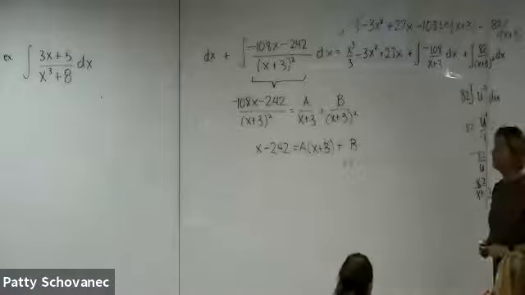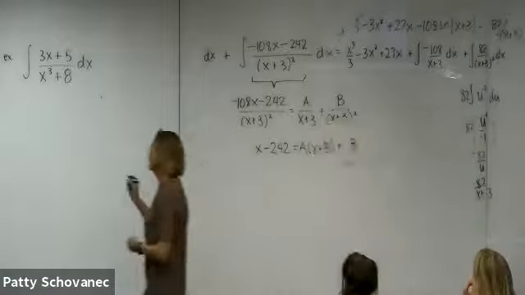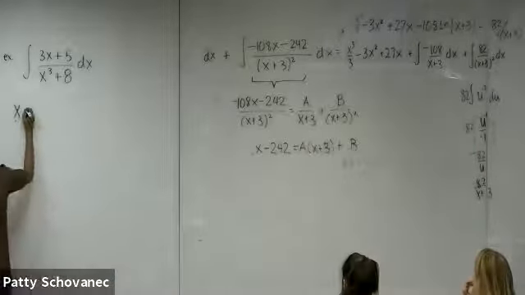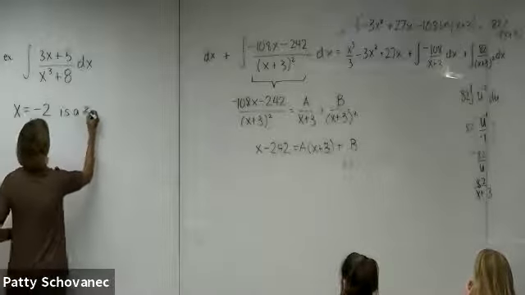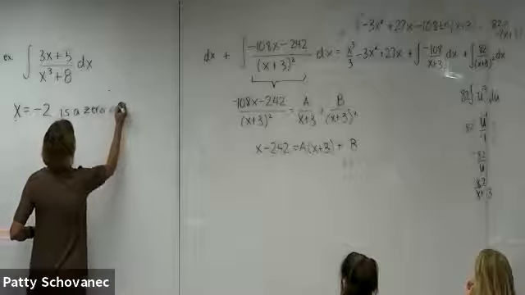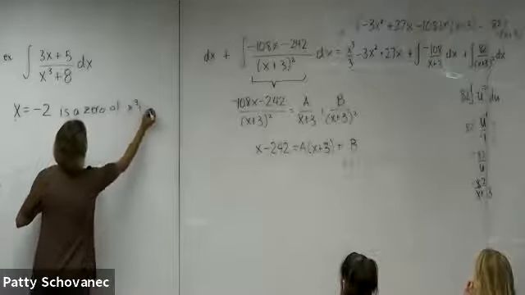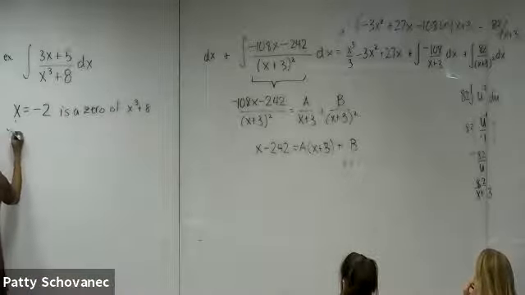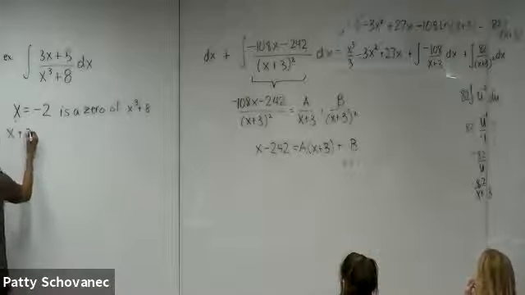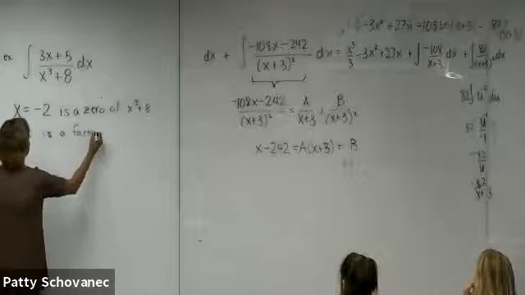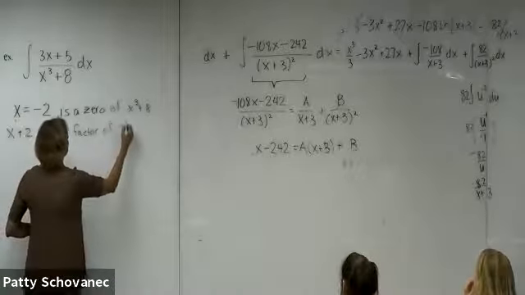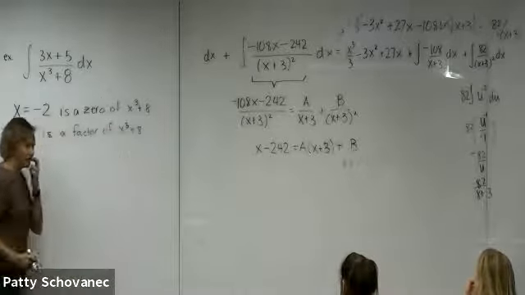You know a 0, you know a factor. Since x equals negative 2 is a 0 of x cubed plus 8, that means x plus 2 is a factor of x cubed plus 8.